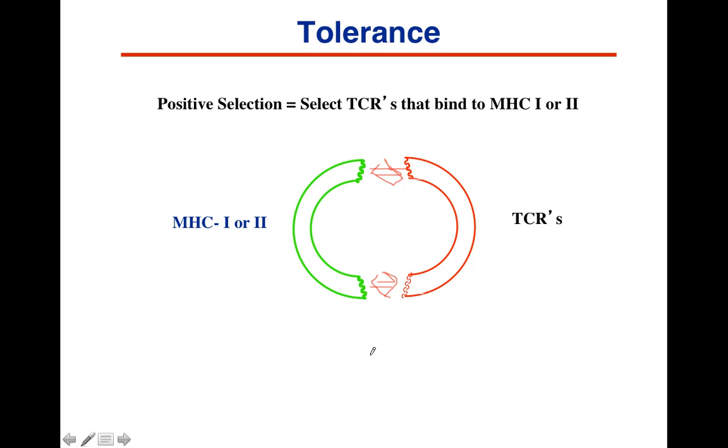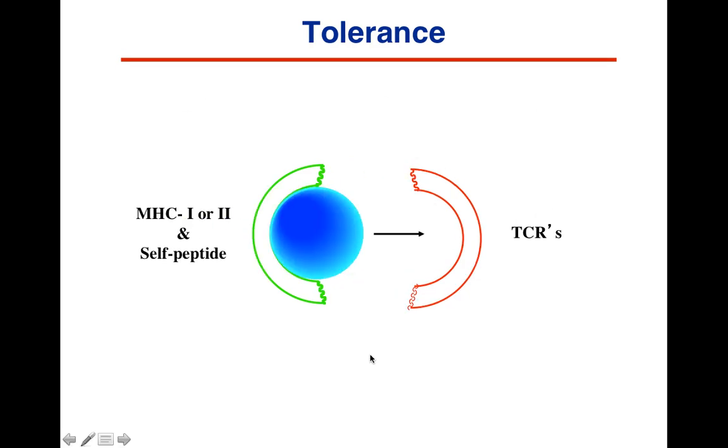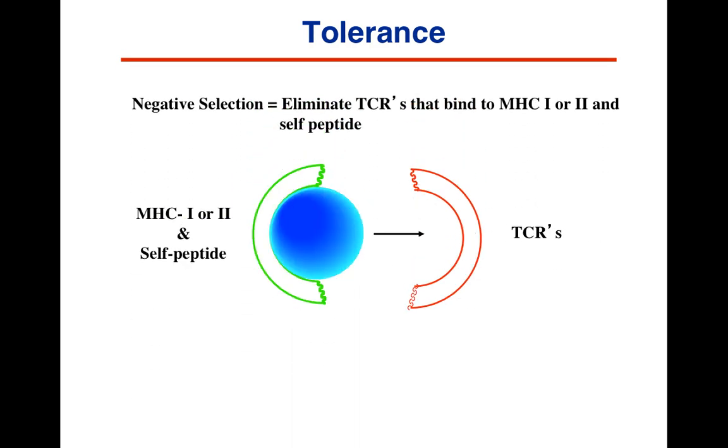The second concept is referred to as negative selection, and that's a selection in which the MHC1 and MHC2 has a self-peptide that is displayed, bound into that MHC1 and MHC2. And so in this case, you want to eliminate T cell receptors that bind to MHC1 and MHC2 that have self-peptide.